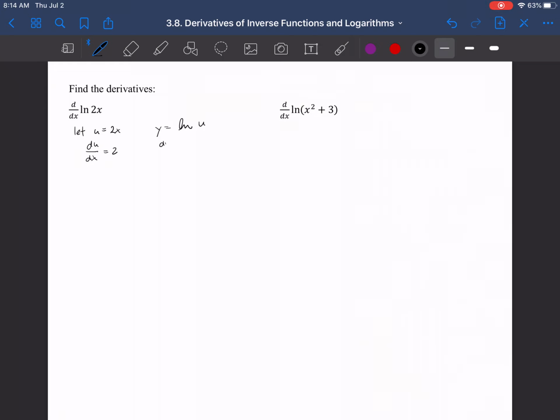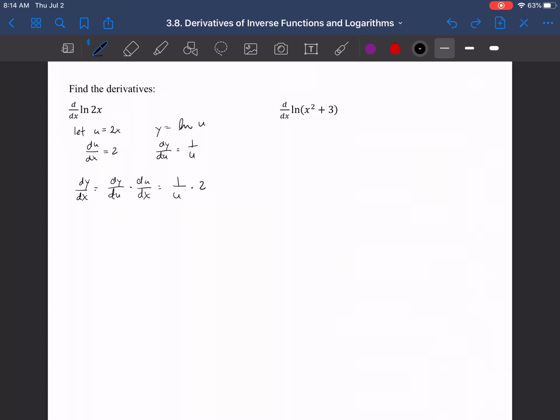and then dy/du is 1 over u, and since the chain rule says dy/dx equals dy/du times du/dx, where the du's basically cancel there, then we end up with 1 over u times 2, and u equals 2x, right?